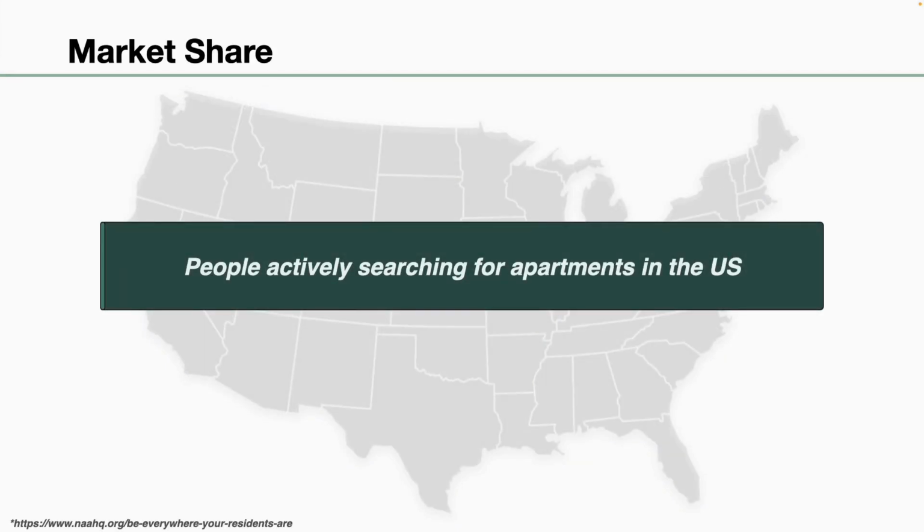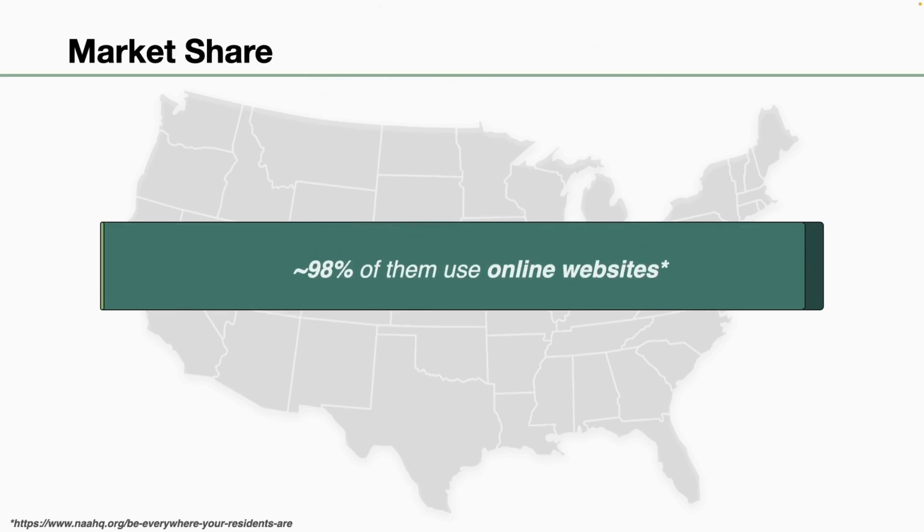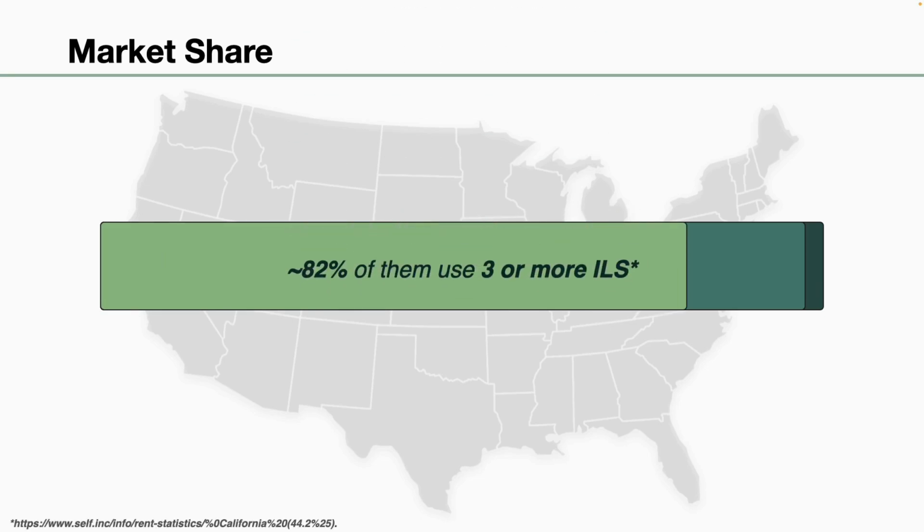But is this really worth it? Is the market share there for us to be a sustainable business? For people actively searching for apartments in the US, all of them use online websites, and most of them use three or more ILS, Internet Listing Services, which means there is a lot of competition out there.